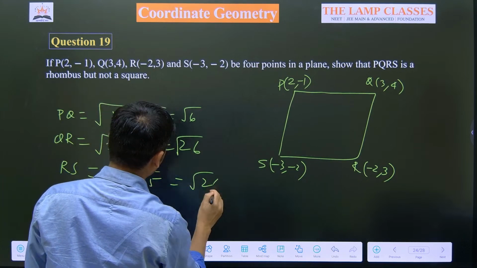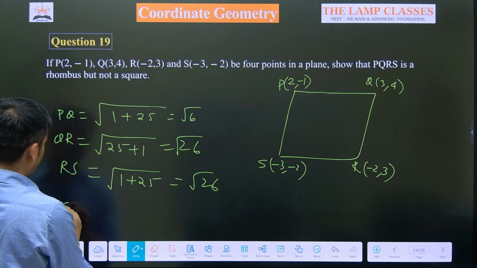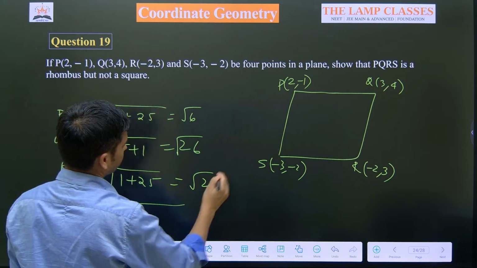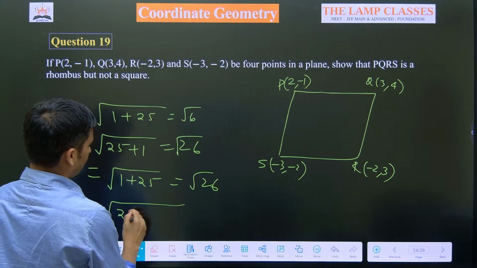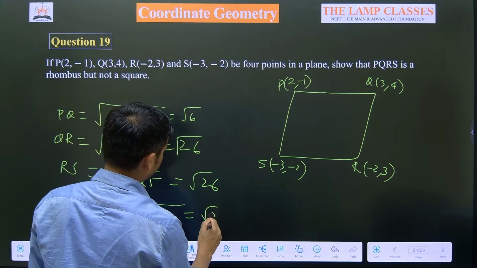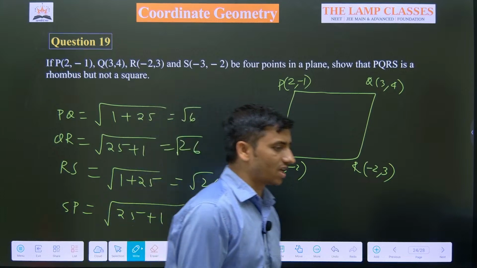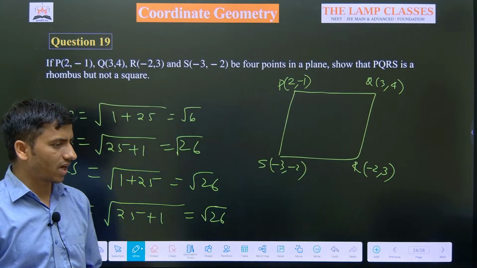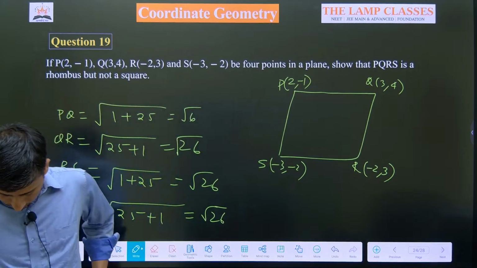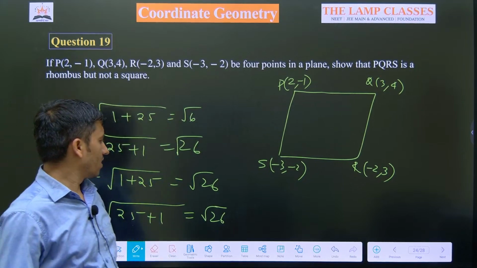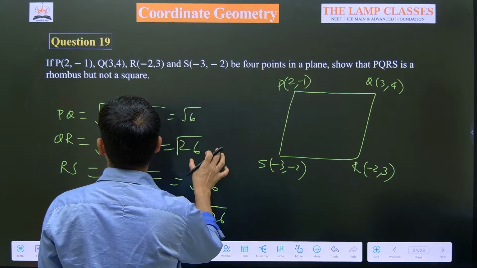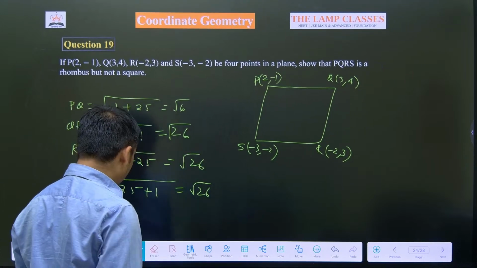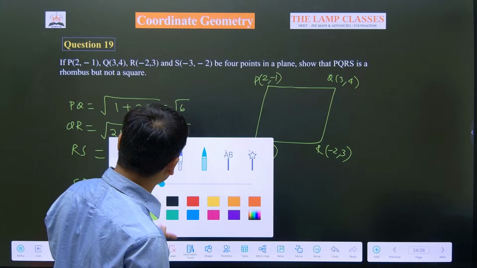That's also root 26. And then SP: 25 plus 1, root 26, right? So all the sides are equal, and whenever for any quadrilateral all the sides are equal, then we can say it has to be either a square or a rhombus, right? It must be a rhombus, right?